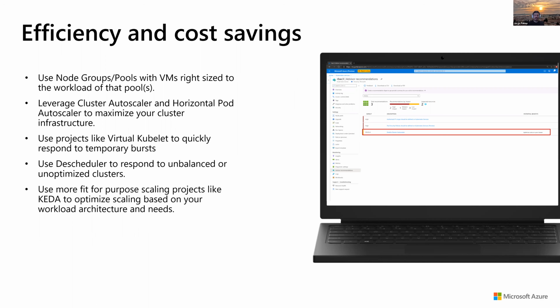And then use that even more in combination with things like Descheduler, where you could use it to respond to unbalanced clusters or unoptimized clusters. Because again, the Kubernetes scheduler will respond to effectively what the current state of the cluster is. So if you have two applications and one of them is very scaled up, and you have a nice set of affinity or node selection happening between those two applications, when that second application starts to scale, the scheduler will take decisions based on the current state of the cluster, which was application one fully scaled out.